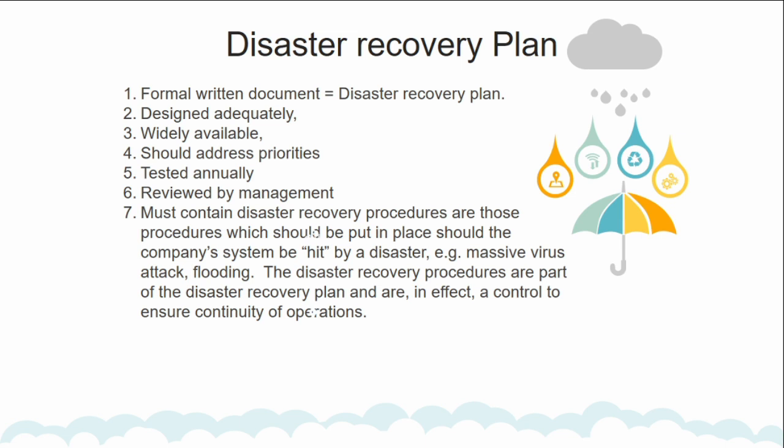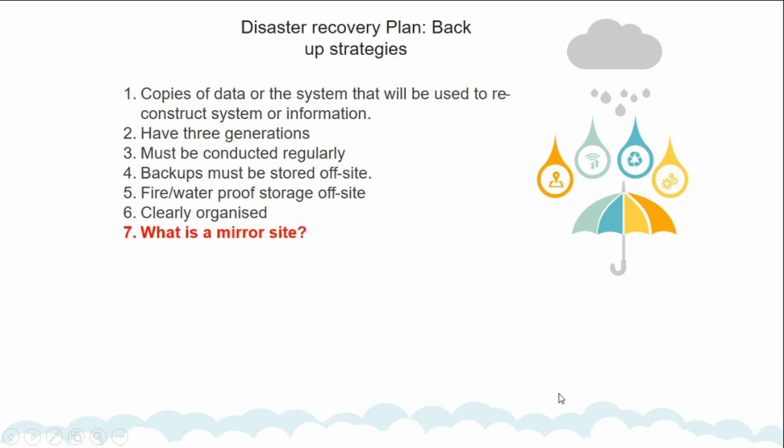Management will review the plan because it's ultimately management's. When I say management, I mean the board of directors. King 4 ultimately puts the requirement for such a plan on the board of directors. So they will be required to review the plan. And like I said before, we need specific procedures to be there, and we need to explain who needs to do what. So some things that we want to see in the disaster recovery plan.